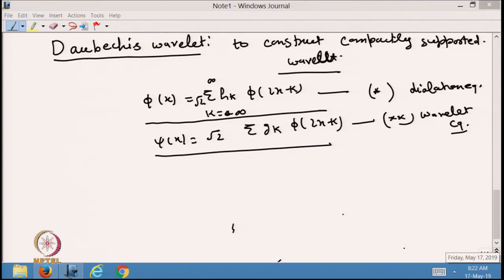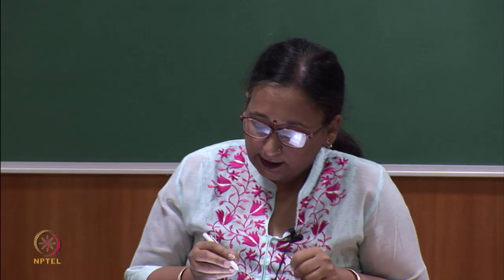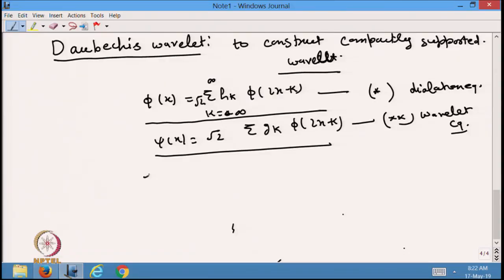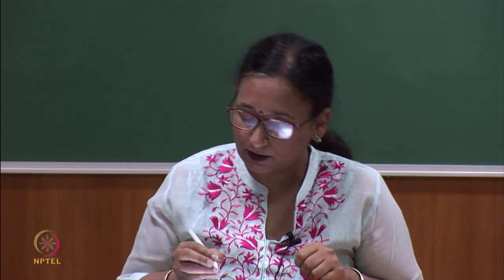So, now what she did, she said that if finitely many HKs and GKs are non-zero, then it is a compactly supported wavelet. In fact, I have stated this definition of a compactly supported wavelet in my last lecture as well.